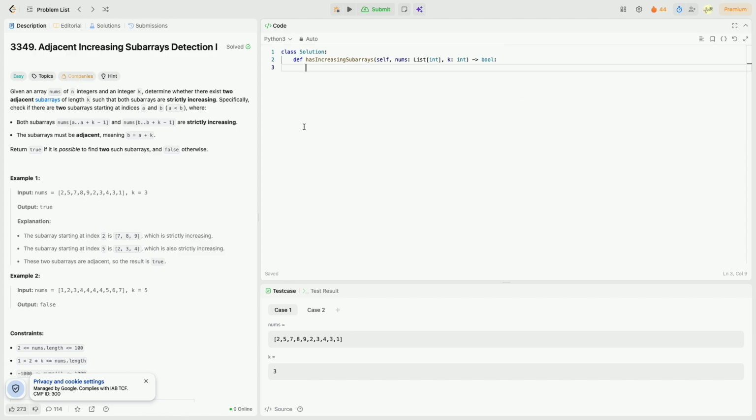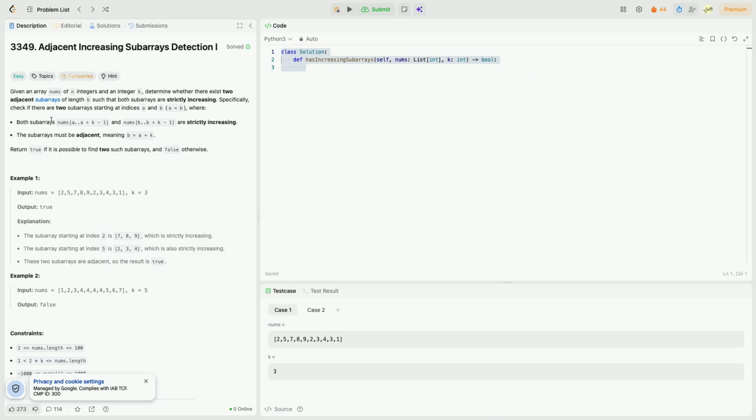Well, one approach would be to first find an increasing subarray and then check if another one exists just next to it. But I think there's an easier way where we only have to loop over the array one time. Because we know that the subarrays must be adjacent, we can immediately check if we are currently in an increasing subarray, and then also if at distance k we also have an increasing subarray.